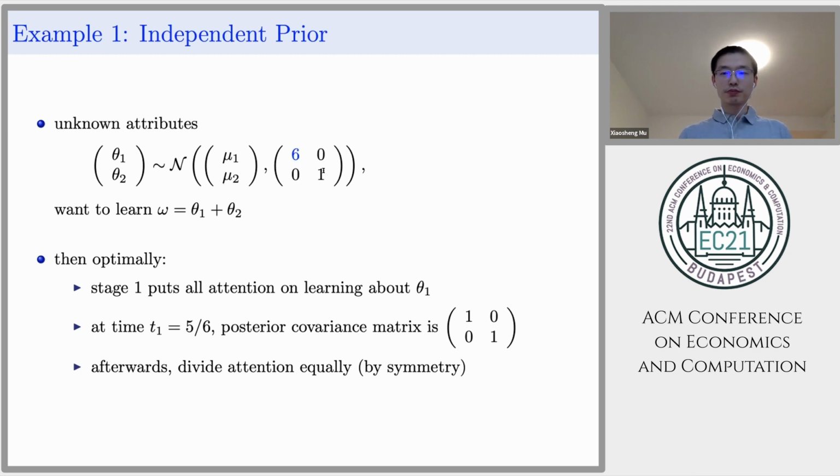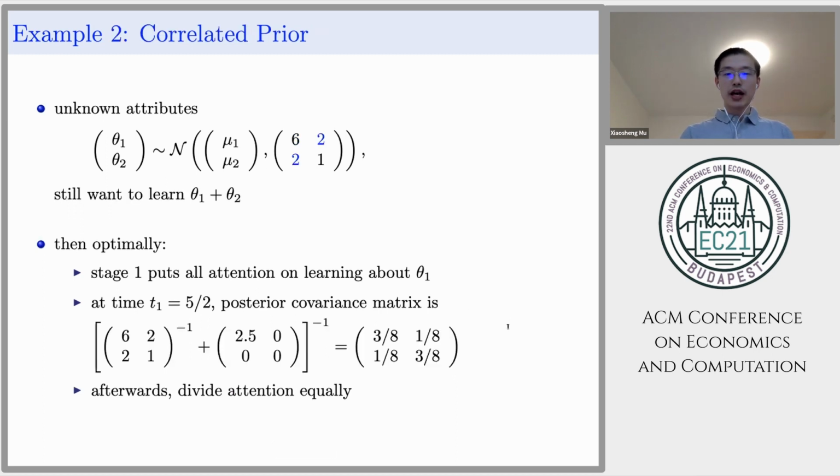So in this case, because the prior uncertainty about attribute 1 is larger, and because the payoff weights are equal, the decision maker should initially attend to attribute 1. At some time t1, the posterior belief will become the identity matrix. And because of the symmetry in this posterior belief, it is natural that after this time t1, the optimal strategy is to divide attention equally.